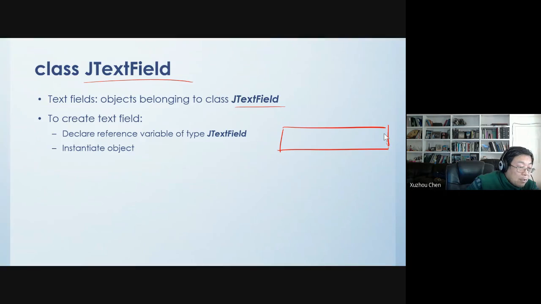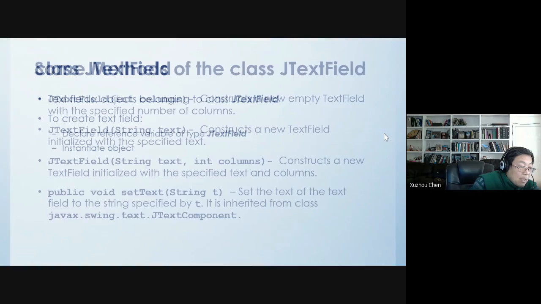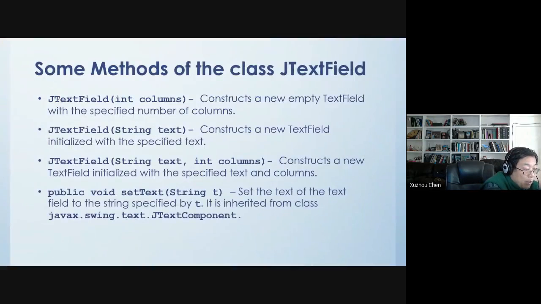So these are the methods for the text box. I think these three are the constructors, right? So you can create a JTextField, a new empty text field, with this, specifying the number of columns.